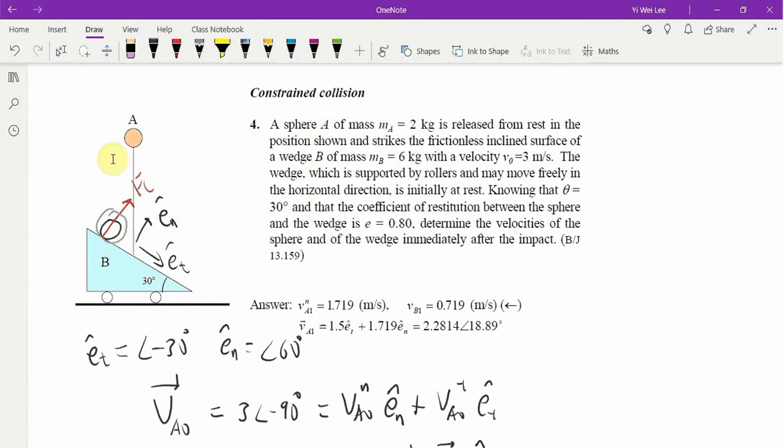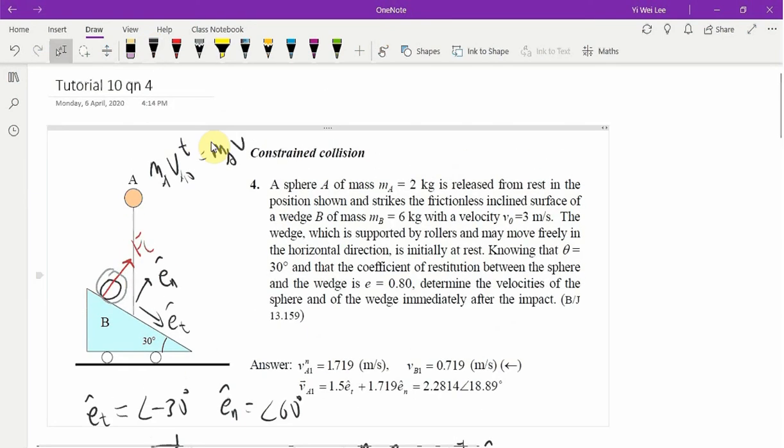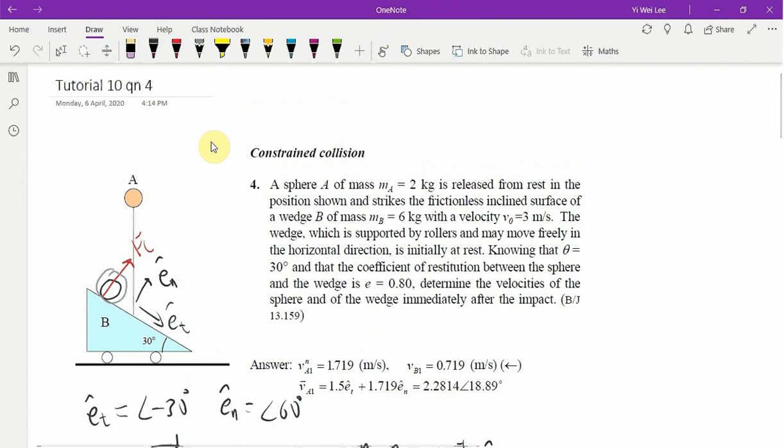So we can say with utmost confidence that the mass of particle A before collision times the velocity of particle A before collision in the direction parallel to the plane of collision is equal to the mass of particle A times the velocity of particle A after the collision.